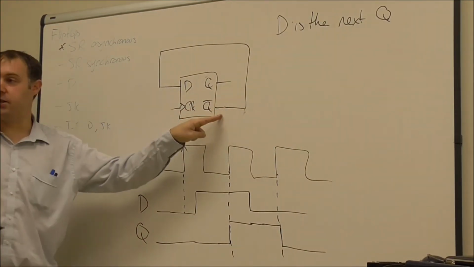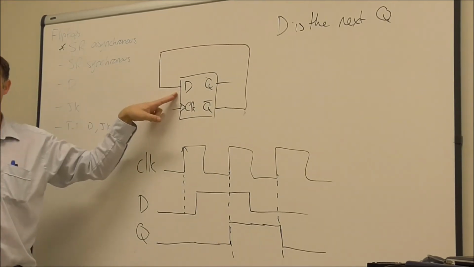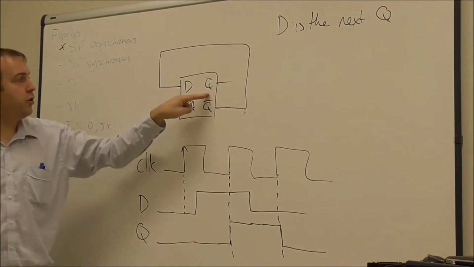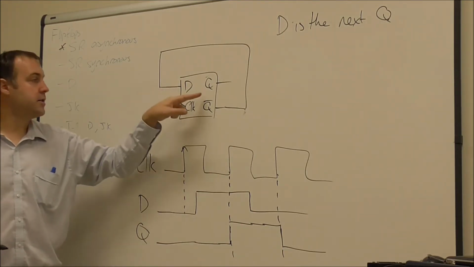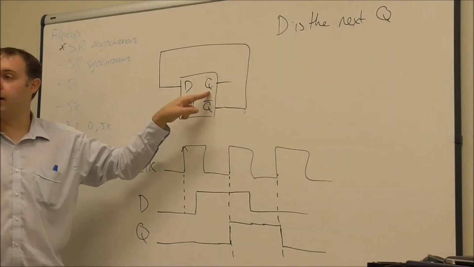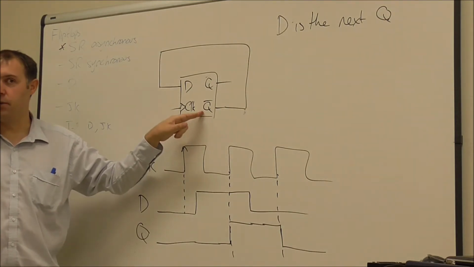Okay? If Q bar is high, then D must be high. So after the next clock pulse, Q becomes D, so Q goes from low to high. Okay, that's all good. But Q bar goes from high to low.